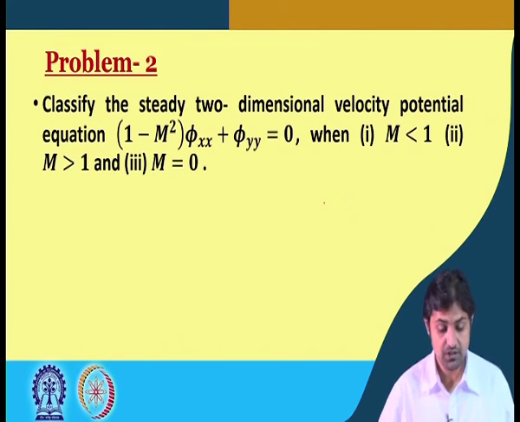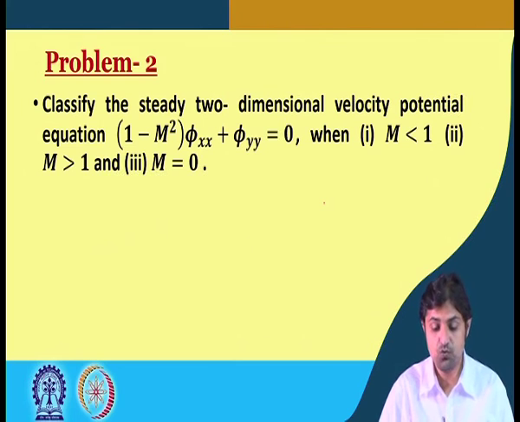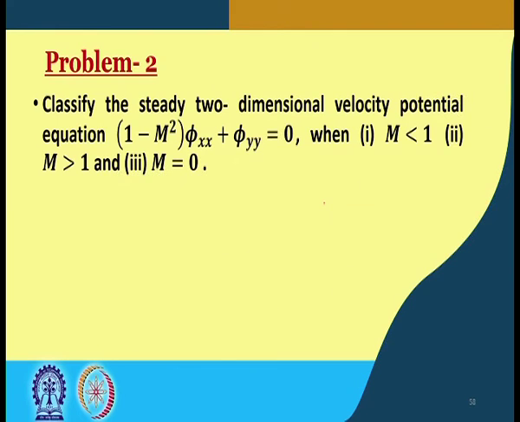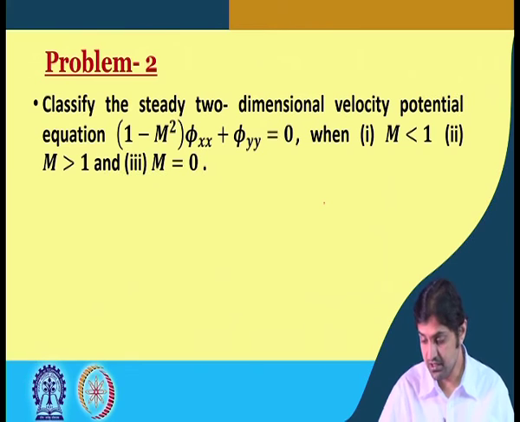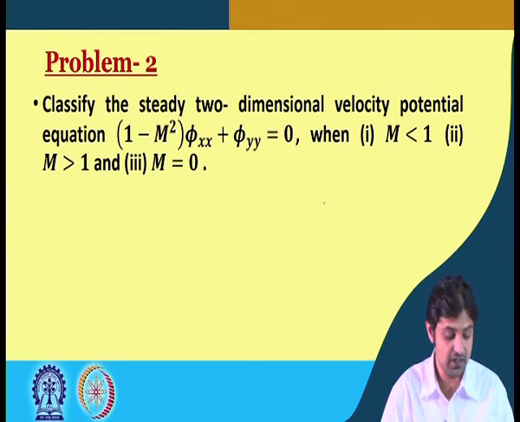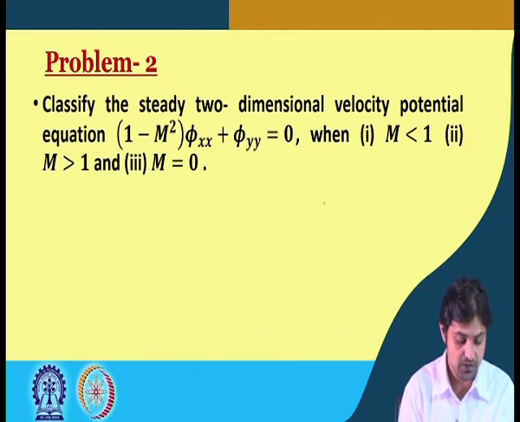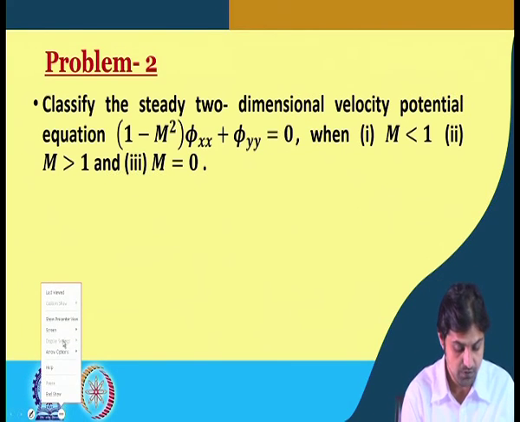The question is, classify the steady two-dimensional velocity potential equation, which is 1 minus m square phi xx plus phi yy is equal to 0, when m is less than 1, secondly when m is greater than 1, and third when m is equal to 0. So like always we are going to use the white screen for this. Solution.